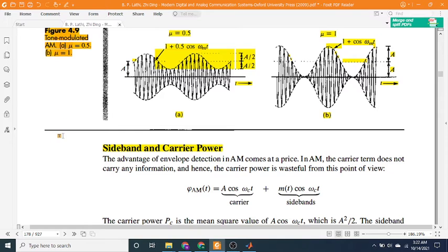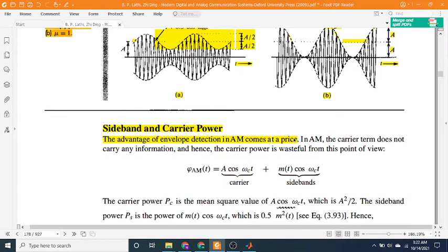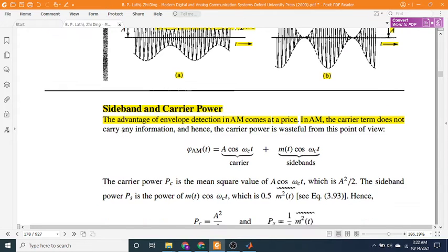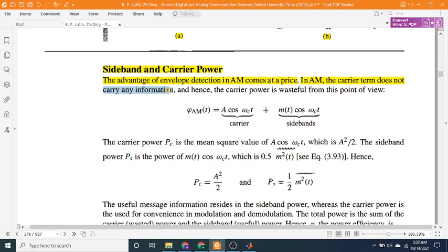The advantage of envelope detection in AM comes at a price. In AM, the carrier term does not carry any information, and hence the carrier power is wasteful from this point of view. φ_AM(t) = A cos ω_c t + m(t) cos ω_c t, carrier plus sidebands.